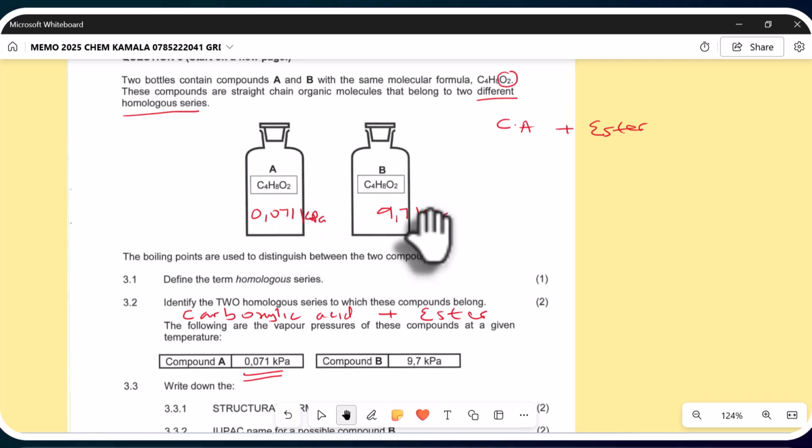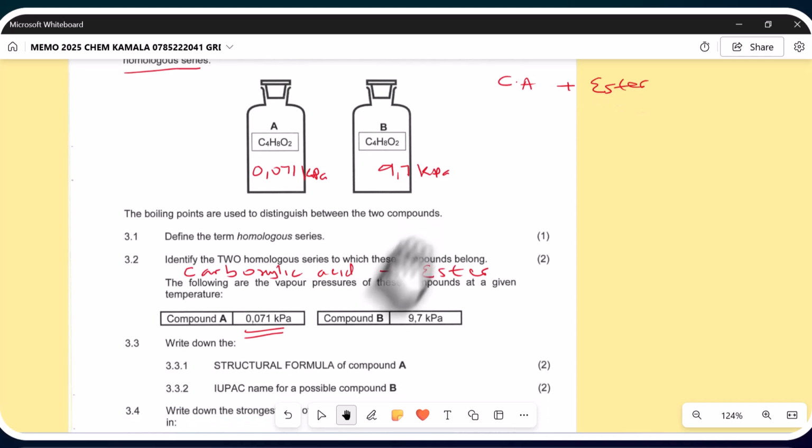Being a carboxylic acid, it must have the two O's on the first or the last carbon atom. Don't forget each carbon atom must have 4 bonds, not more than 4 and not less than 4. All right, so here is our structural formula. And we said that it is a carboxylic acid because it has the lowest vapor pressure, meaning it must have the highest boiling point.